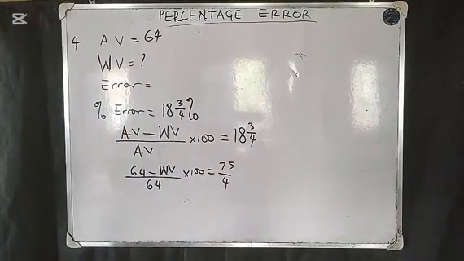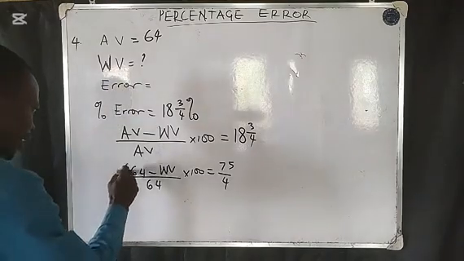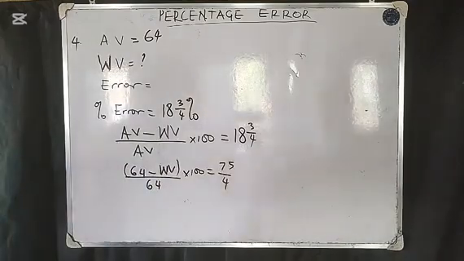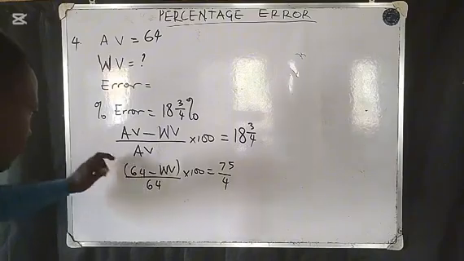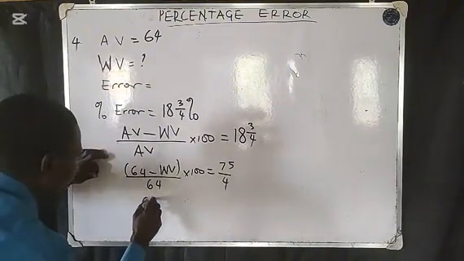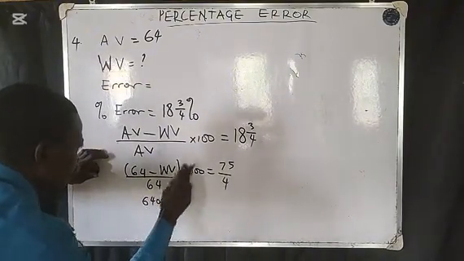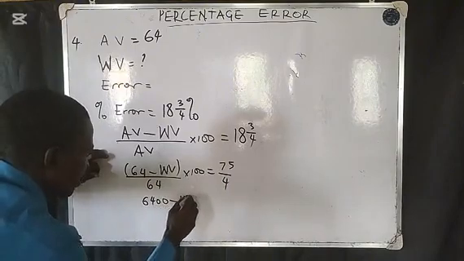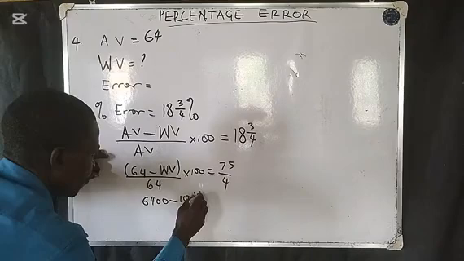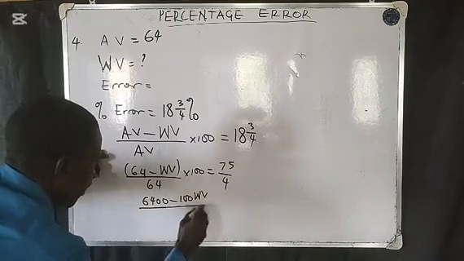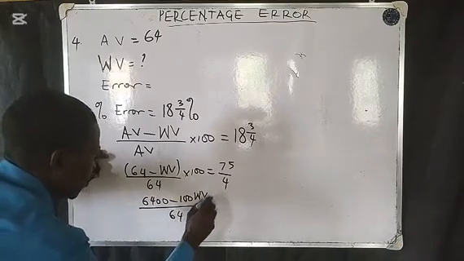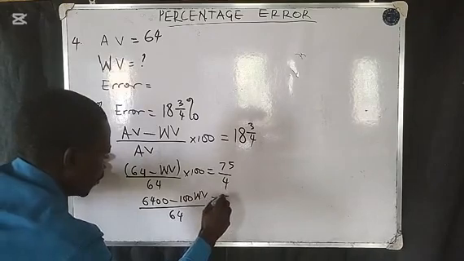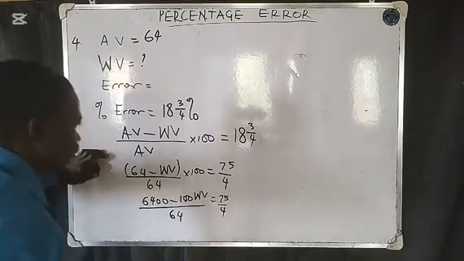Now what do we do right now? This one there's a bracket, right? Maybe we should open that bracket. 100 times 64 will give us 6400, right? Give us 100 WV over 64 equals to 75/4.